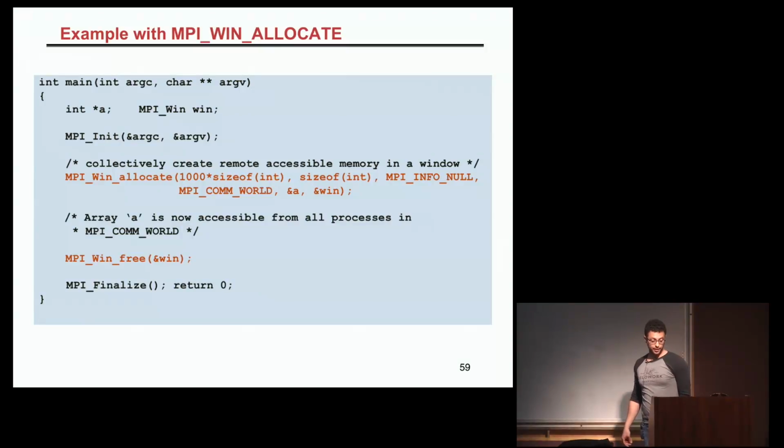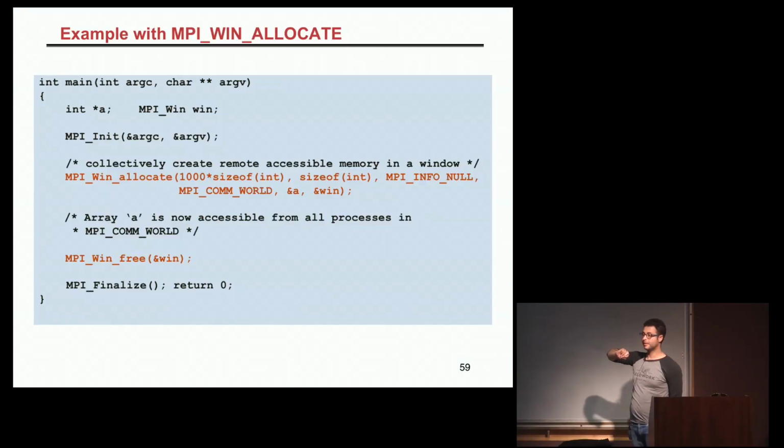MPI_Win_allocate, here's the size and where it needs to be allocated. The address is given. The int star A is the address. So basically, MPI is allocating memory for you of the length you want. This is the one I like, because the other one is you create the memory and then you basically upgrade your memory space to somewhere else.